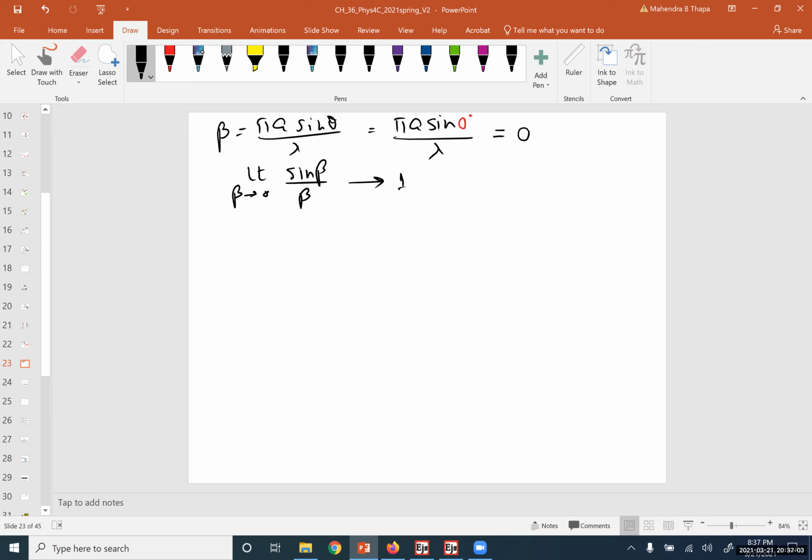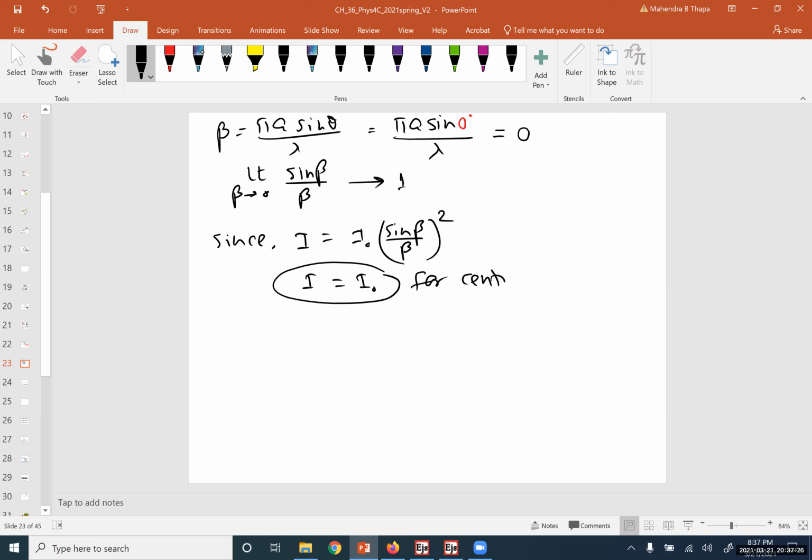Since our intensity is I naught times sine beta over beta squared, in this case I equals I naught for the case of the central bright.